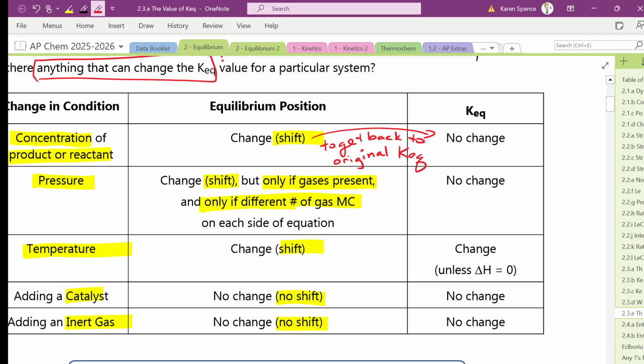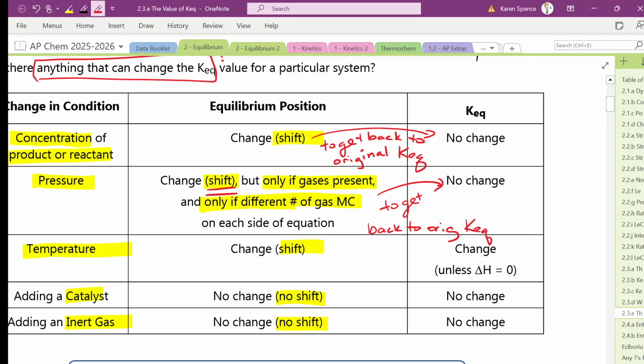Same thing for if you change the pressure, as long as there's no temperature change involved, it shifts to get back to the original KEQ.